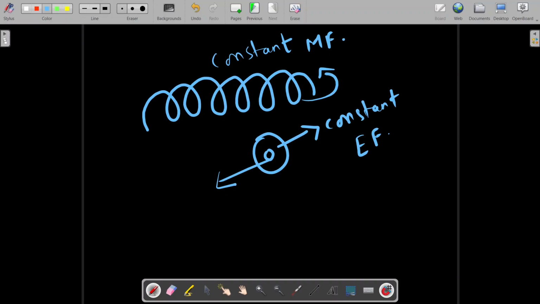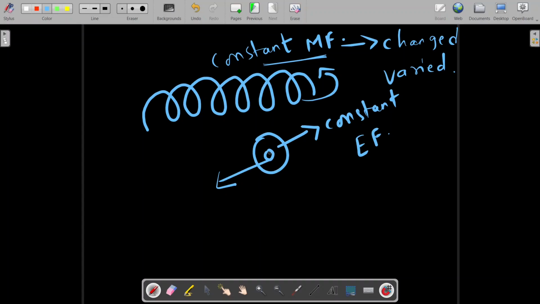Okay, after this, what if this constant magnetic field gets changed or varied? What happens? What creates the change in magnetic field? First of all, what created the change in electric field?